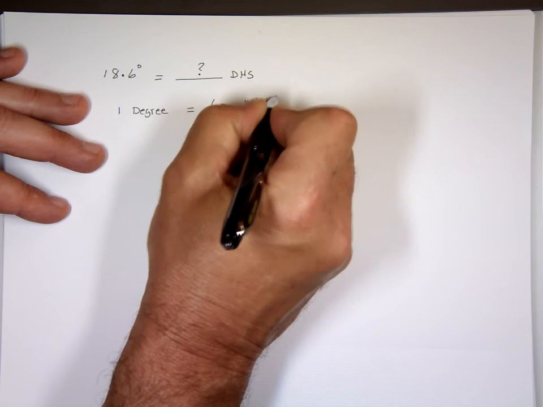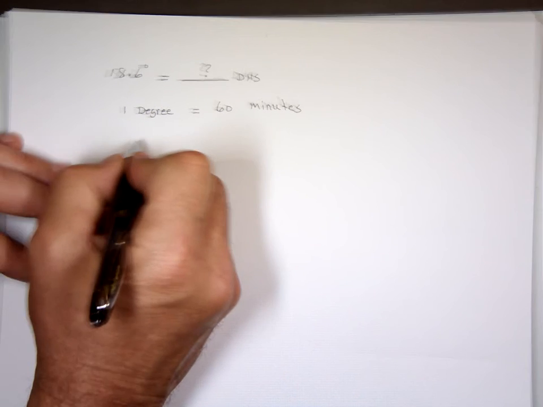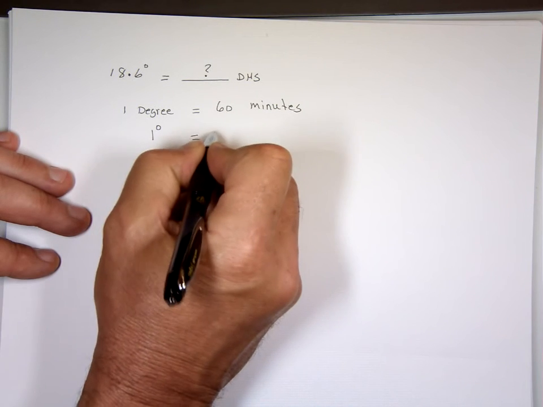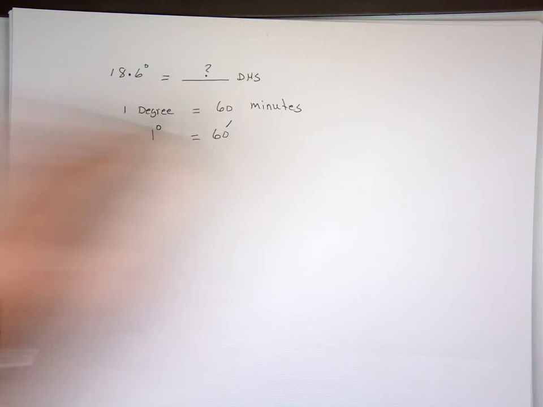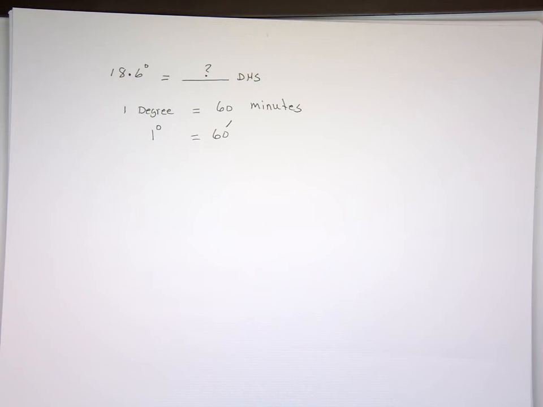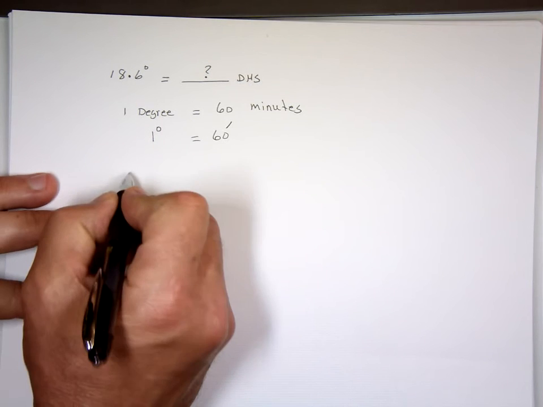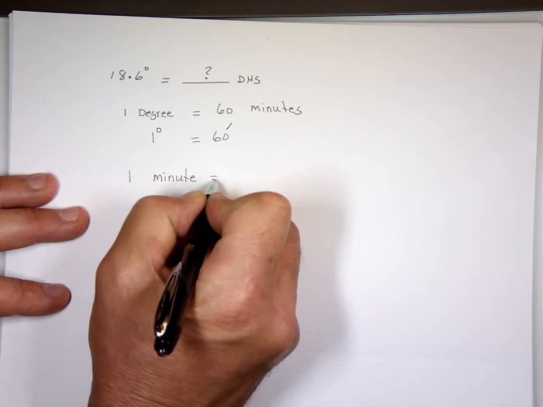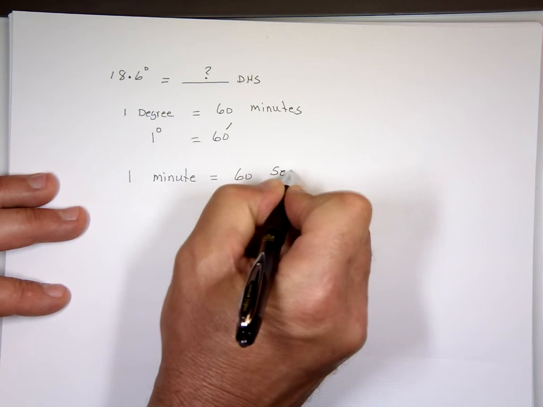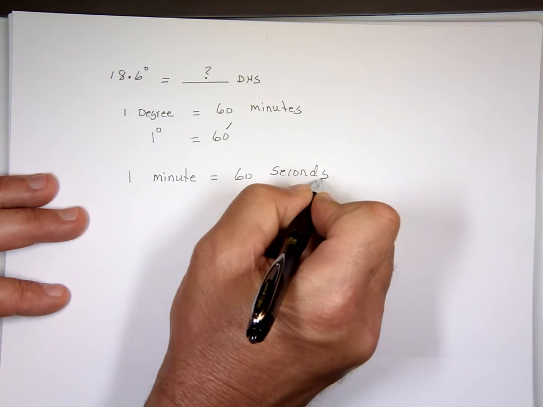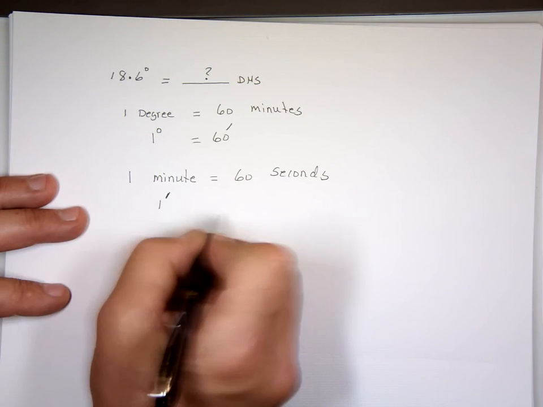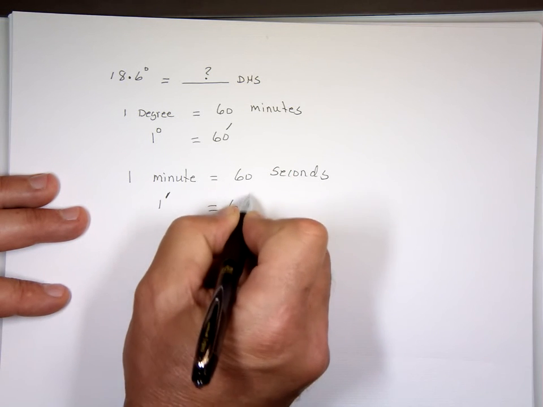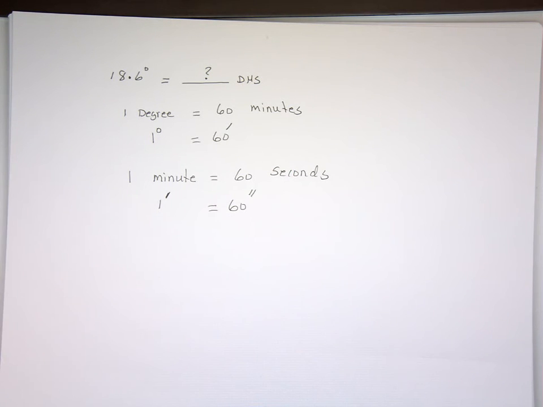The way we write that, we go 1 degree equals 60, and we put a single slash, an apostrophe, for minutes. One minute has how many seconds? 60 seconds. So 1 minute equals 60, with a double quotation mark, 60 seconds. So double quotation means seconds.